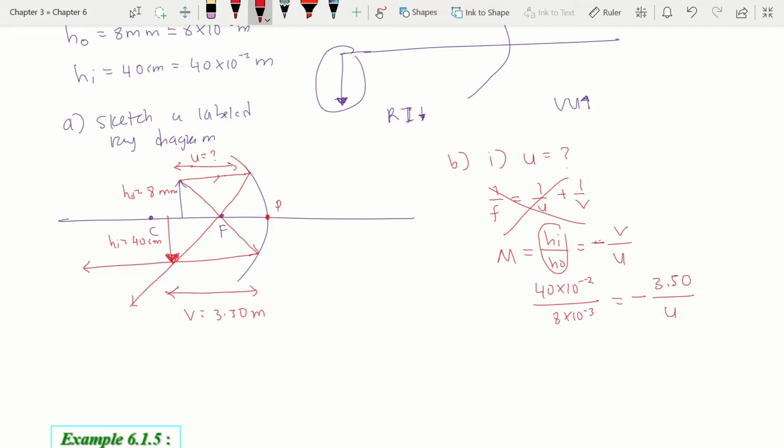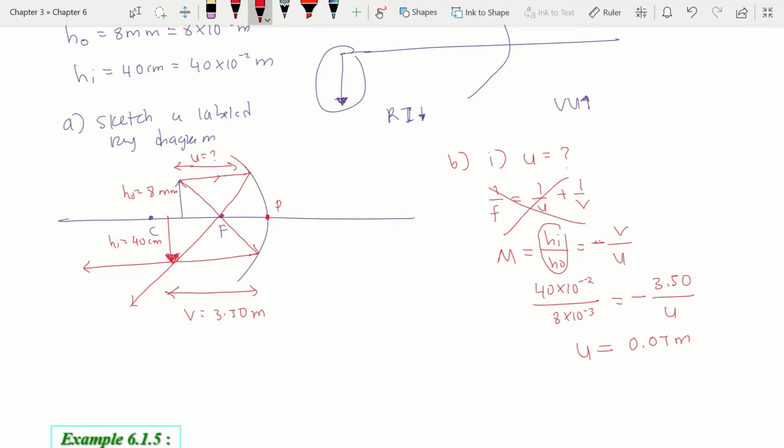We are looking for our object distance. When you press the calculator, you will get 0.07 meter. Okay, we are done looking for the position of the bulb from the pole of the mirror.